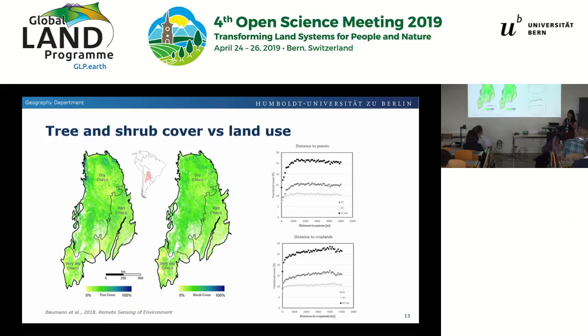This is a spatial effect. So the distance from, for example, a puesto, that was the first picture we saw, shows that in general woody cover decreases coming closer to a puesto. In particular, tree cover decreases very steeply, shrub cover less. Also, distance to cropland shows similar patterns, maybe as a result of, again, the herbicide spray drift.